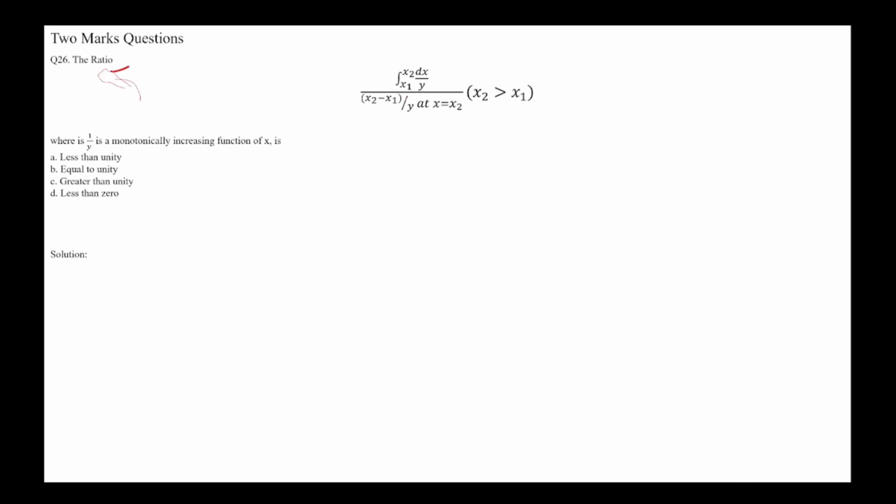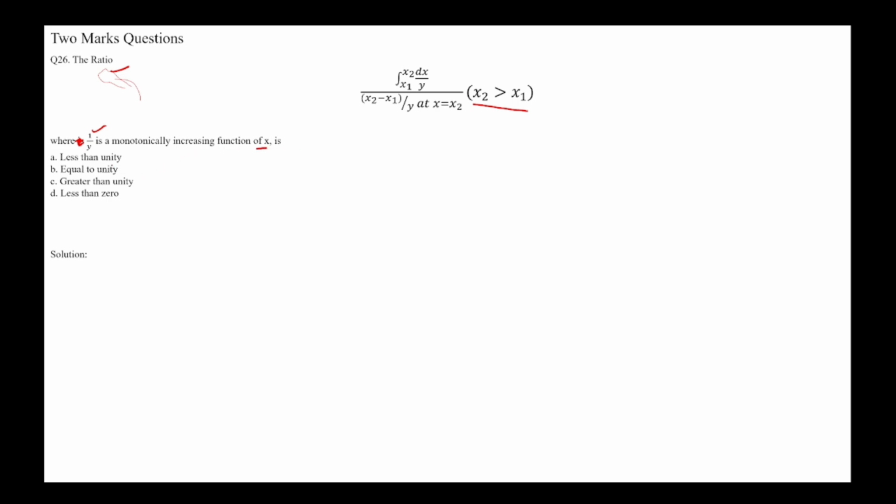This is the ratio given: the integral of y dx from x1 to x2, over (x2 minus x1) upon y at x equal to x2, where x2 is greater than x1. This is the condition where 1 upon y is a monotonically increasing function of x.